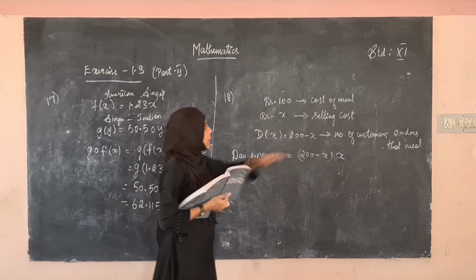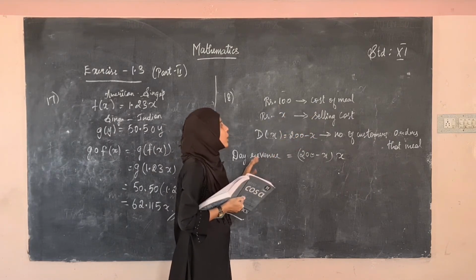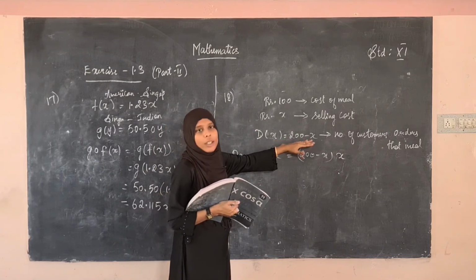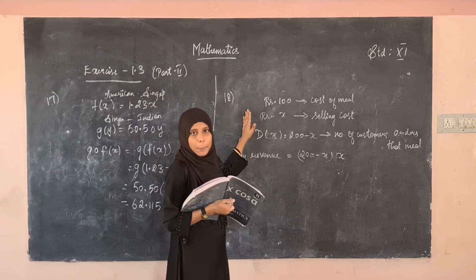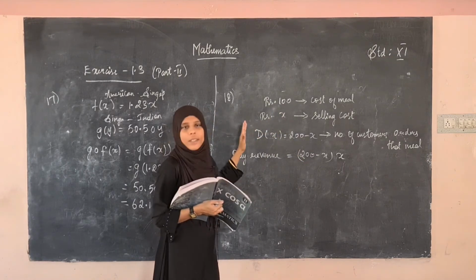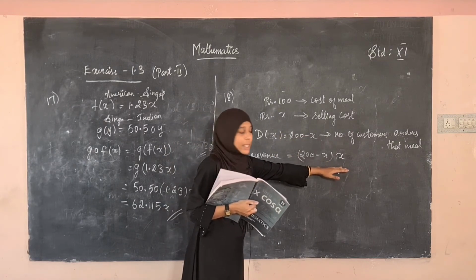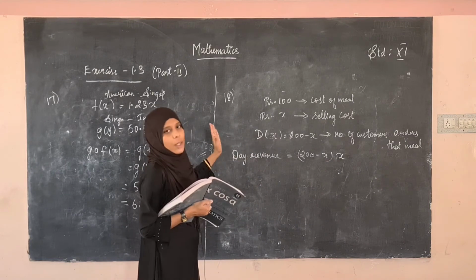From the selling price, if we subtract the cost, we get the profit, right? So day revenue means how much amount we first got. How many persons came? 200 minus x persons came, and they ordered that meal. At how many rupees is the restaurant selling that meal? At x rupees. So 200 minus x into x. This is the day revenue on that particular meal.